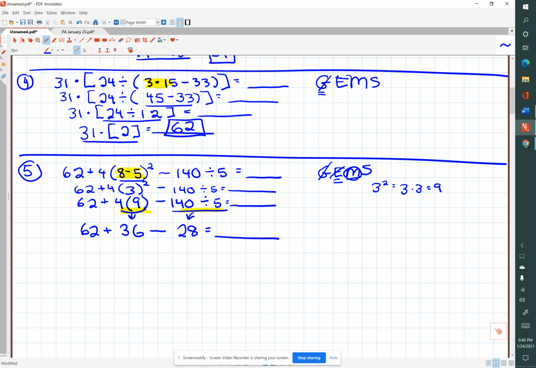Now we can just work from left to right because it's addition and subtraction. So 62 plus 36 equals 98 minus 28, and 98 minus 28 equals 70. And that's our final answer.